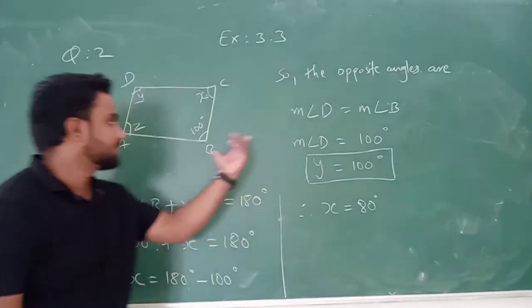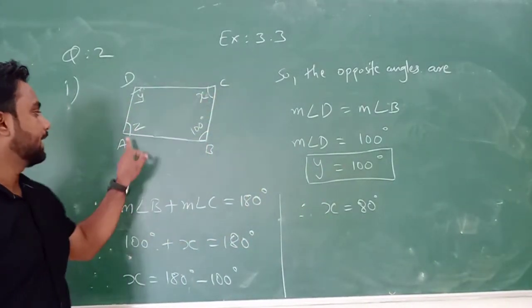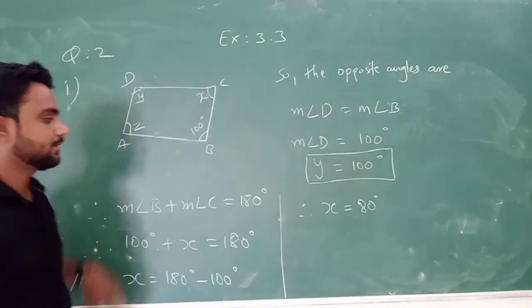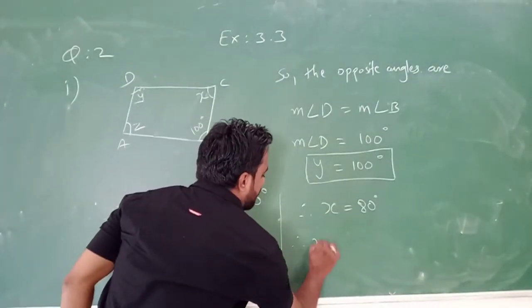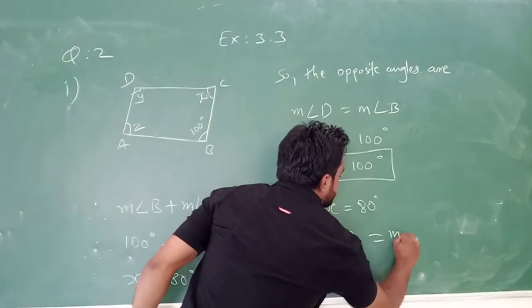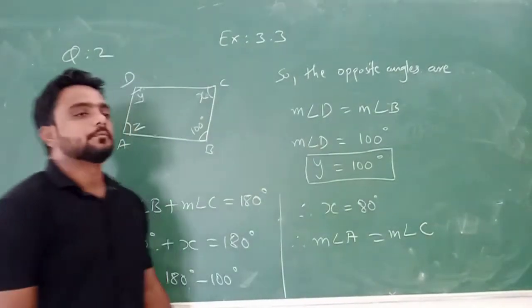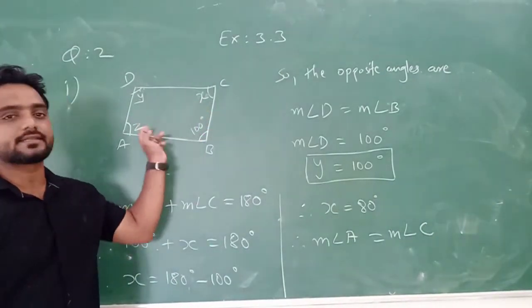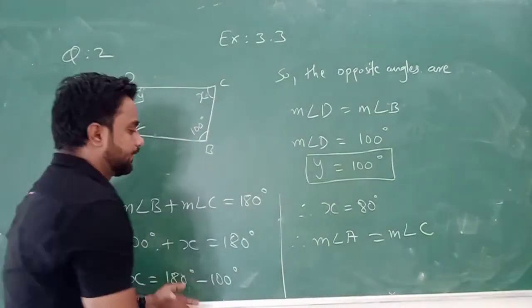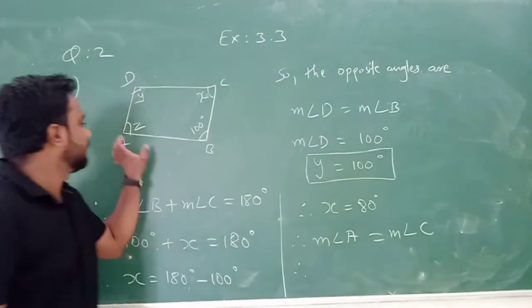x is equal to 80 degree. Now just see that angle C and angle A both are the opposite angles. So on the basis of that, can I write that therefore measure angle A is equal to measure angle C? Means इन दोनों का जो भी मेजर होगा वो कैसा रहेगा? इक्वल रहेगा. Why? Both are the opposite angles of a parallelogram. So what is the value of the measure angle A?